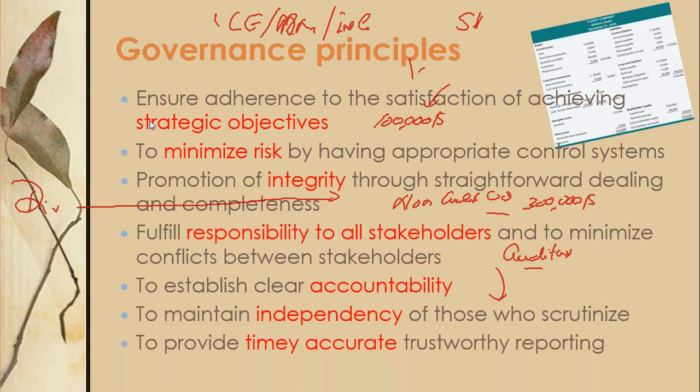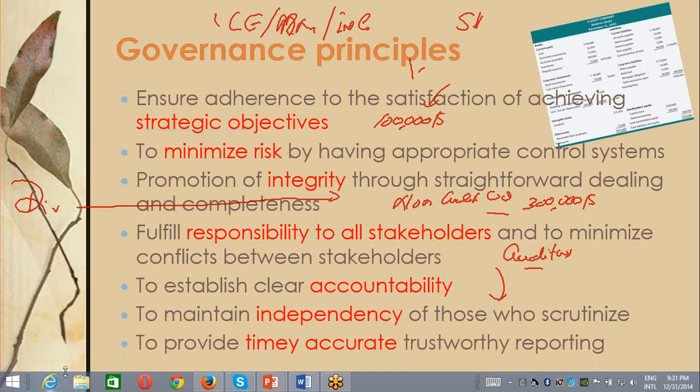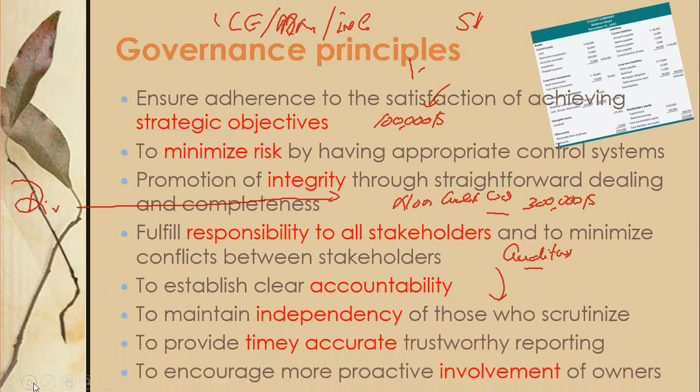And now it has become a big issue for you and me as students, because of those fellows' mad things. Also, corporate governance makes possible the proactive involvement of owners. As I told you earlier, the owners were interested only in getting the dividend and the annual report, and would come to the annual general meeting, have a good lunch, and go on. But now there's more proactive involvement.